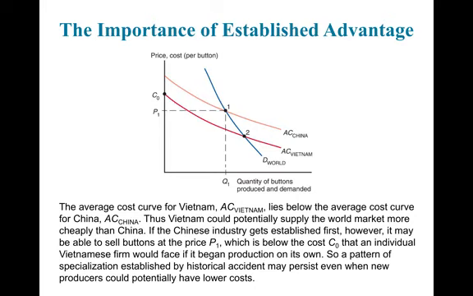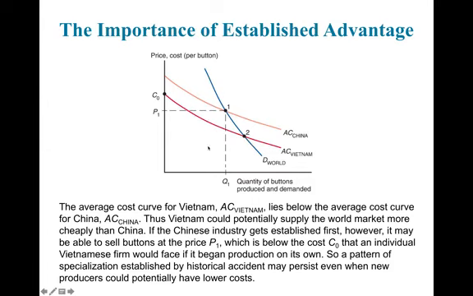Again, this is the picture of quantity and price. Think about the blue downward sloping demand function as being the demand for the world. Now let's work with our assumption of China having a higher average cost. The average cost of China is the orangey curve, and the average cost of Vietnam is this lower red cost curve.